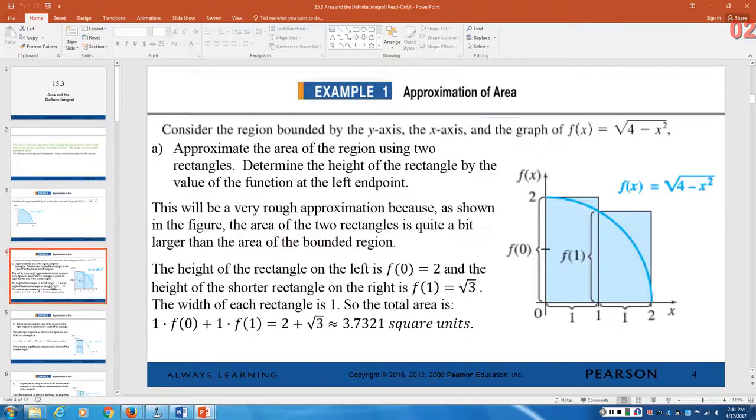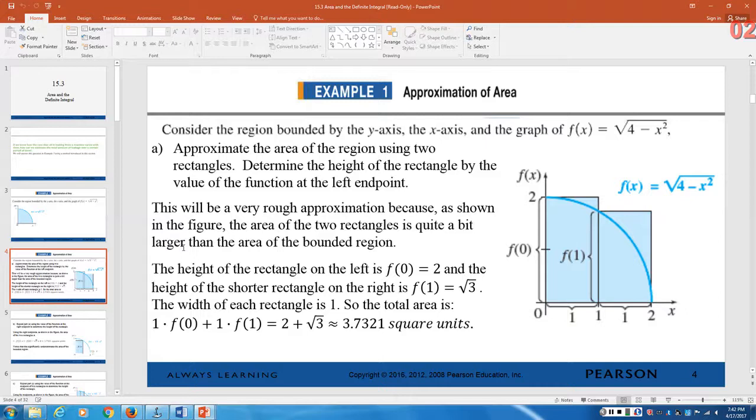So imagine one way that we could figure out an approximation of that area would be if we tried to have one rectangle that started at the left end point of the interval, and then one that started halfway through that interval. So if we had two rectangles, each one is going to be 1 unit wide because the total distance from 0 to 2 is 2.